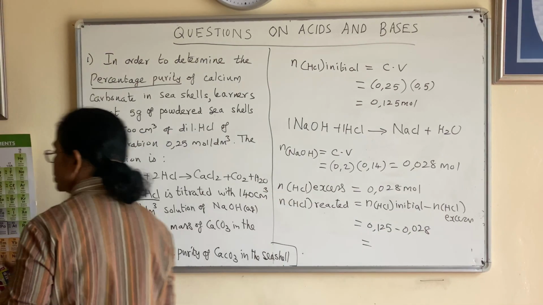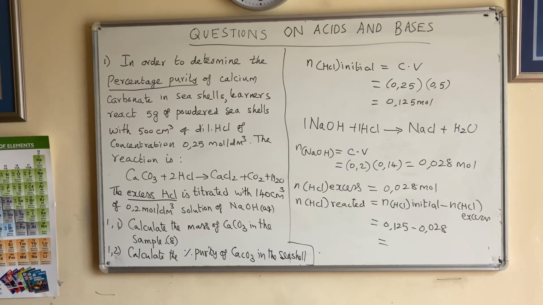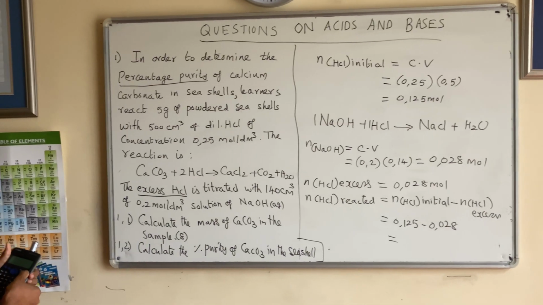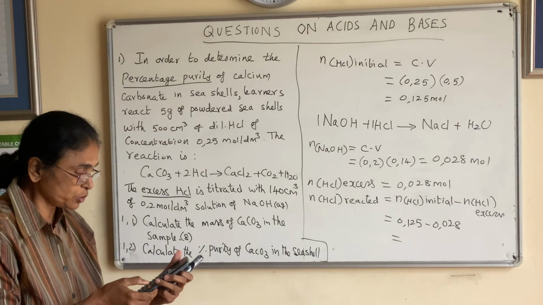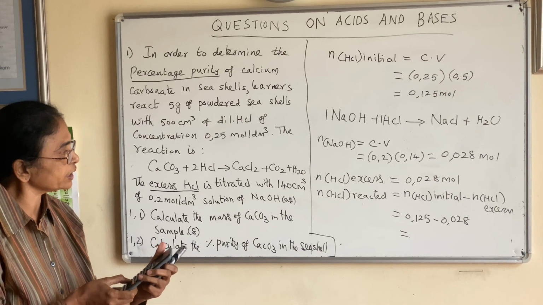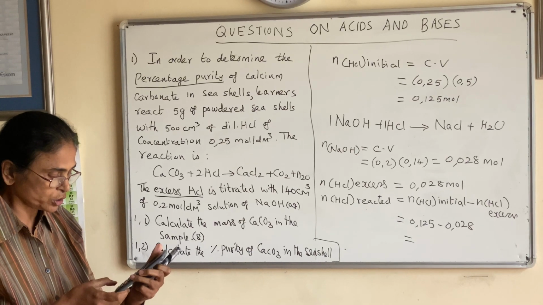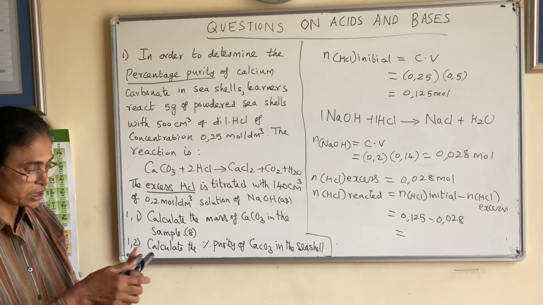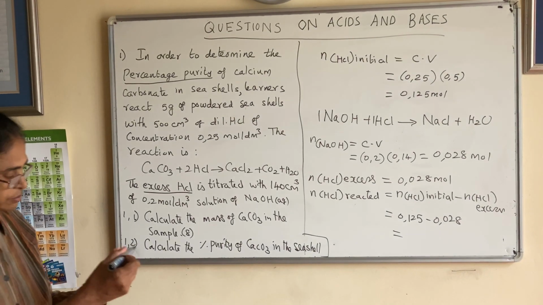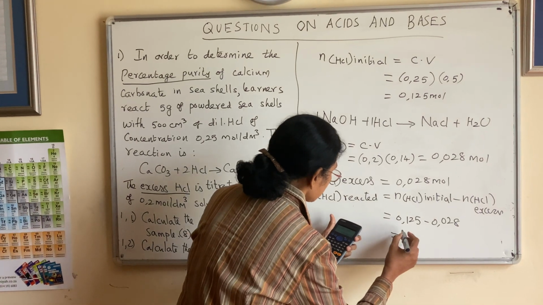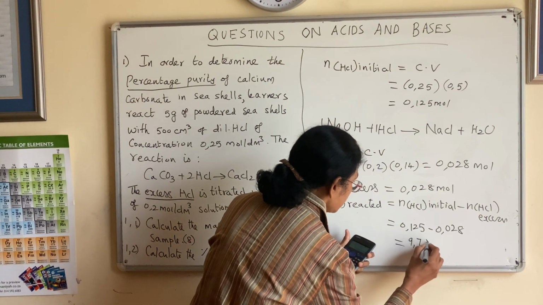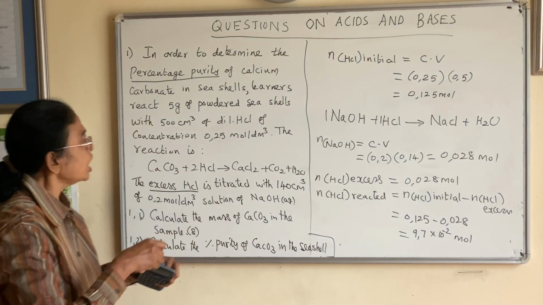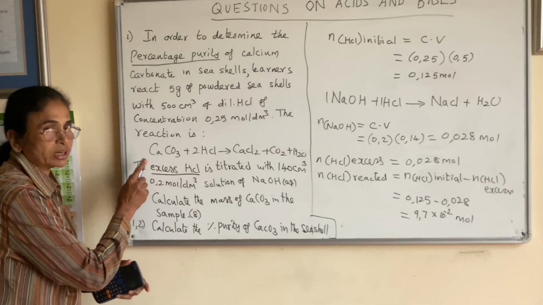Let's do the calculation and see what we get here. 9.7, okay, this is the answer. You get 9.7 times 10 to the power of minus 2 moles. So we know how much HCl has reacted with our calcium carbonate.